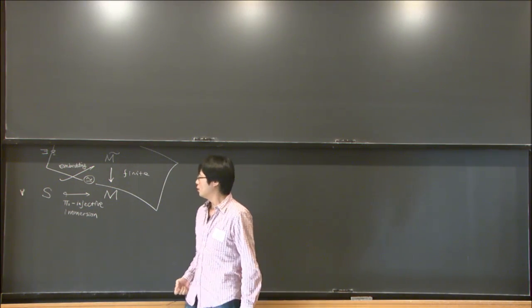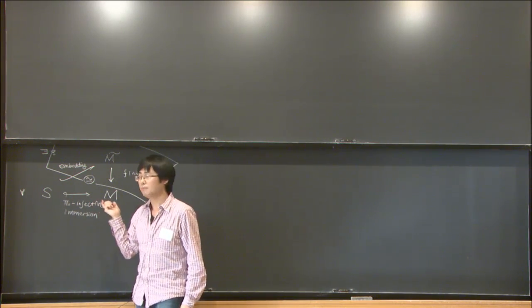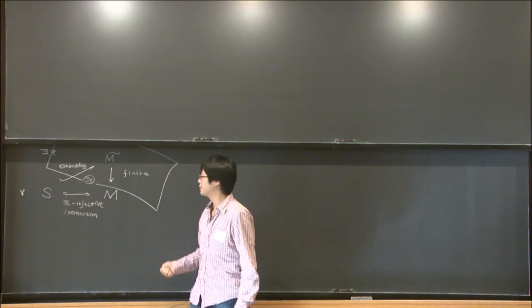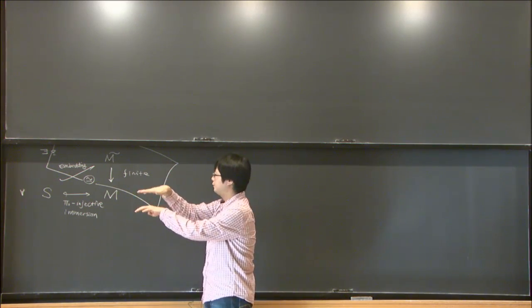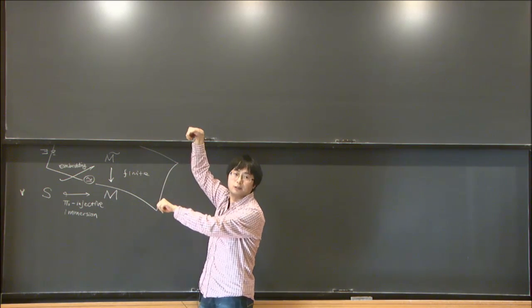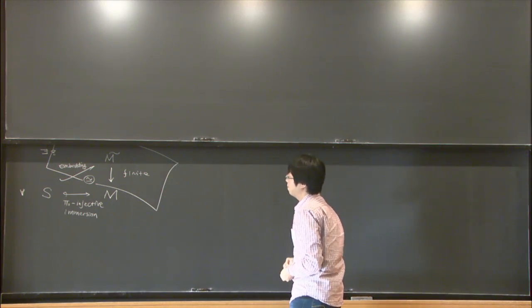The first step would be trying to construct some pi1 injective immersion into this manifold M. And the second step is trying to lift this immersion to be an embedding upstairs. That will give you the Haken case.